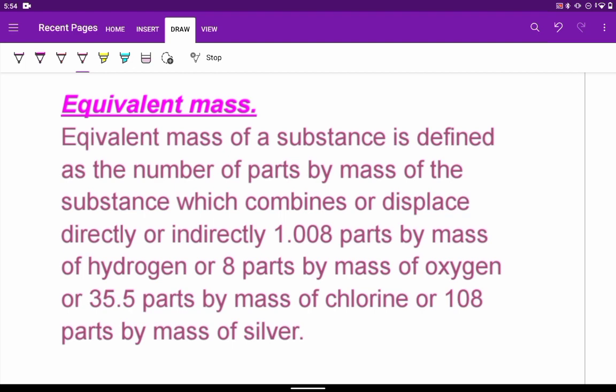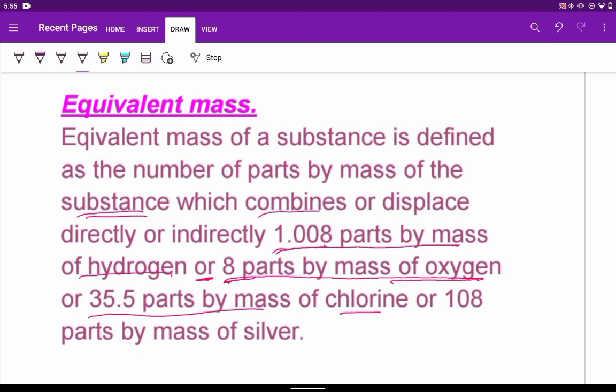Equivalent mass of a substance is defined as the number of parts by mass of the substance that can combine with or displace 1.008 parts by mass of hydrogen, or 8 parts by mass of oxygen (oxygen valency is 2, so 16 by 2 is 8), or 35.5 parts by mass of chlorine, or 108 parts by mass of silver.